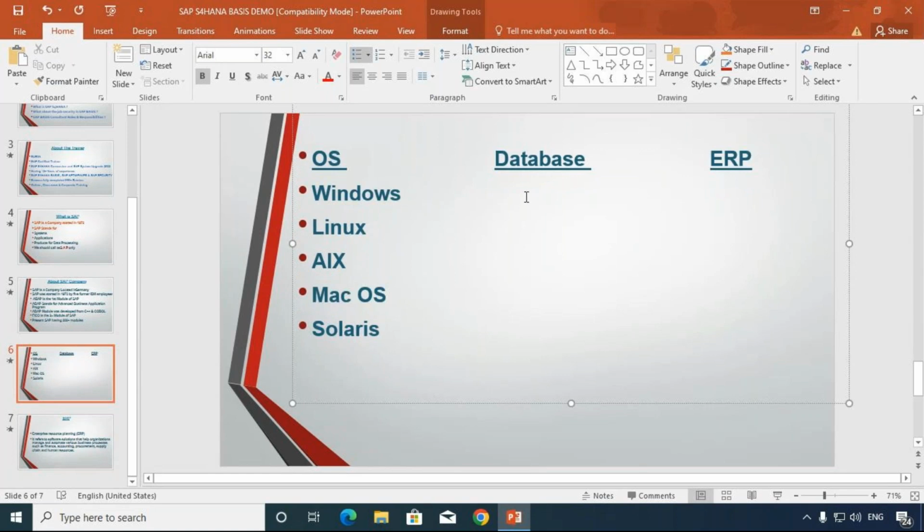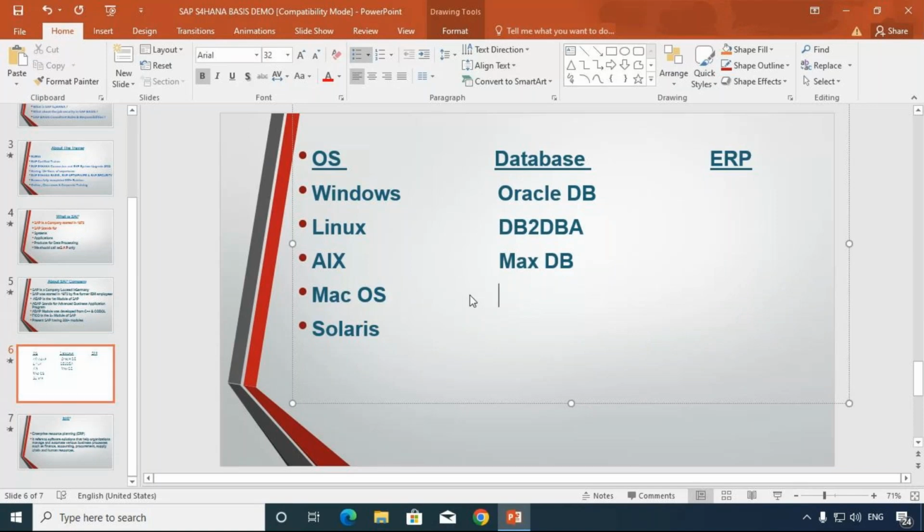In the same way, we have different databases also available in the market. Some of the databases are Oracle database, DB2 is one of the databases, and MaxDB is one of the databases.